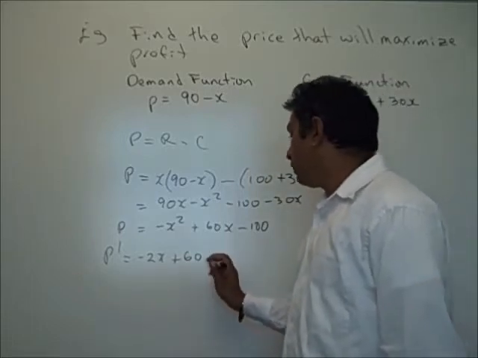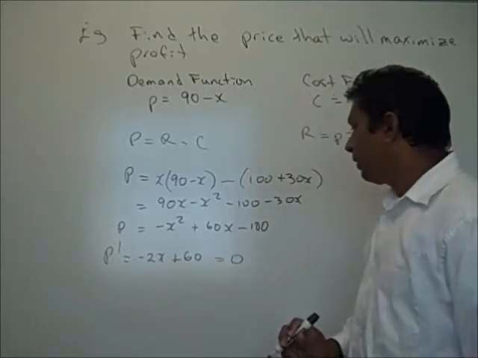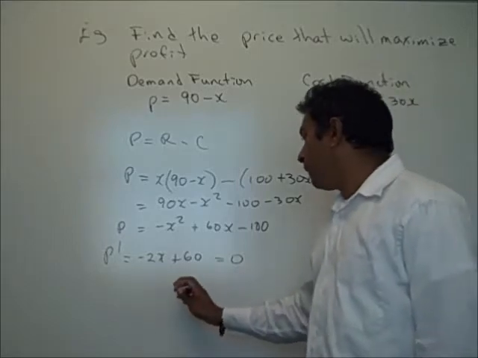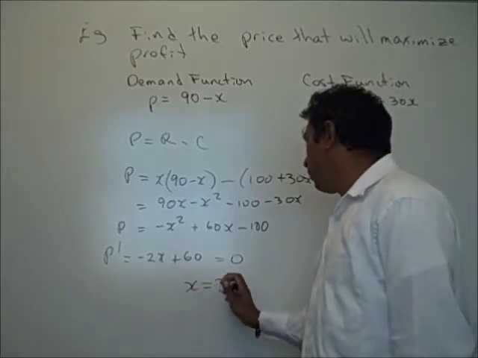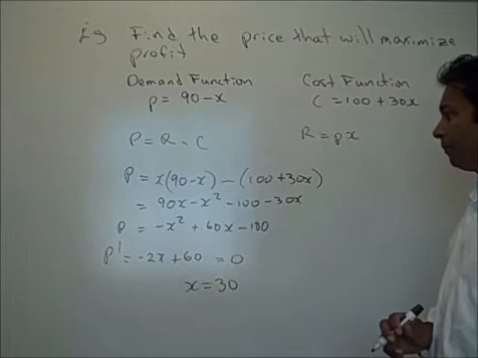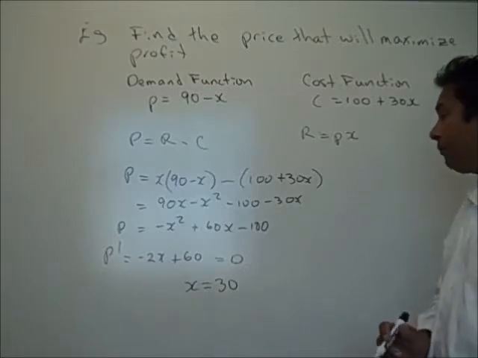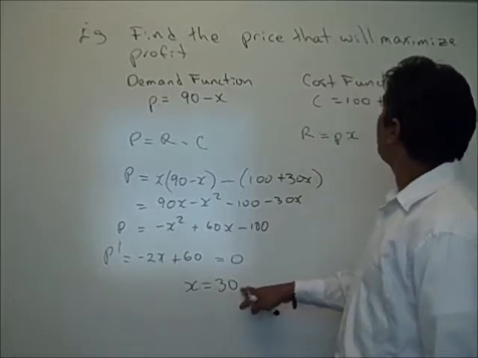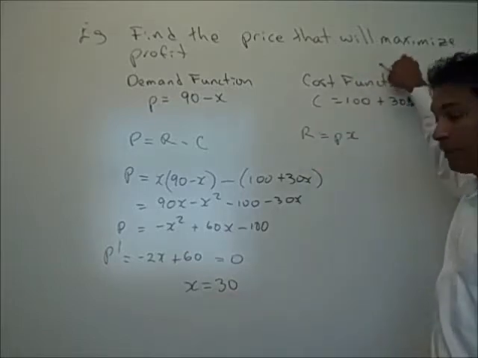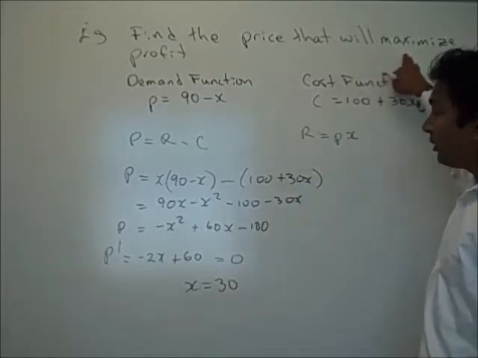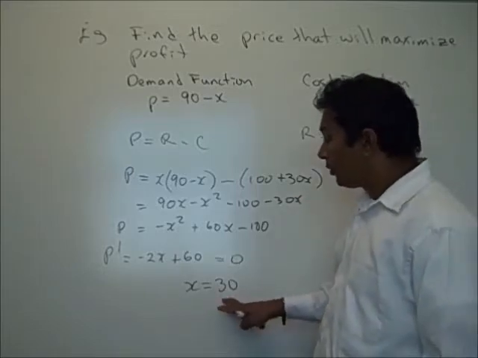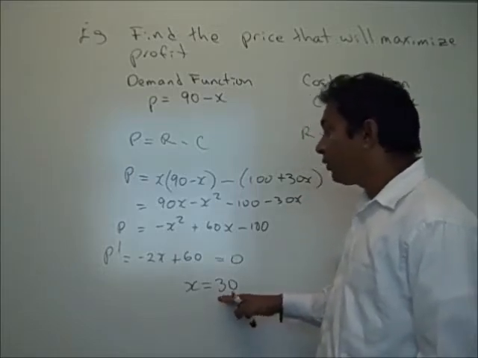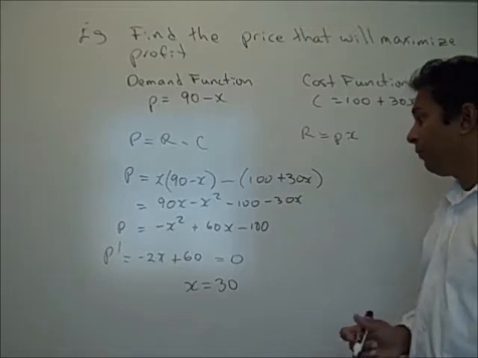So if we set this equal to 0 and solve it, we get x is equal to 30. So this is a number that will produce our maximum profit. We can prove once again that this is the number that actually produces the maximum profit by taking our second derivative and plugging this in.